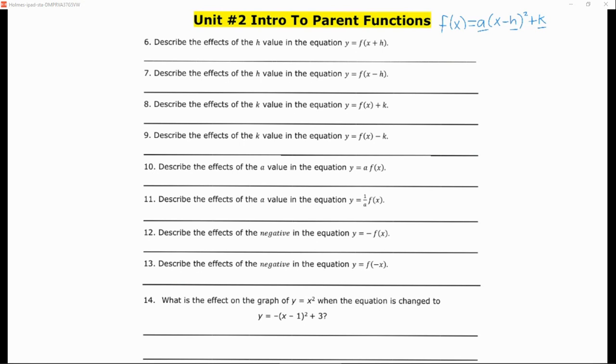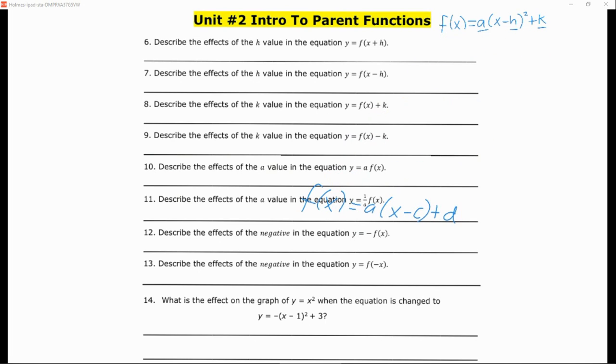Okay, we can also even see it as f of x equals a times (x minus c) plus d. We might be able to also see these variables. If you look at them right below, it's the exact same.